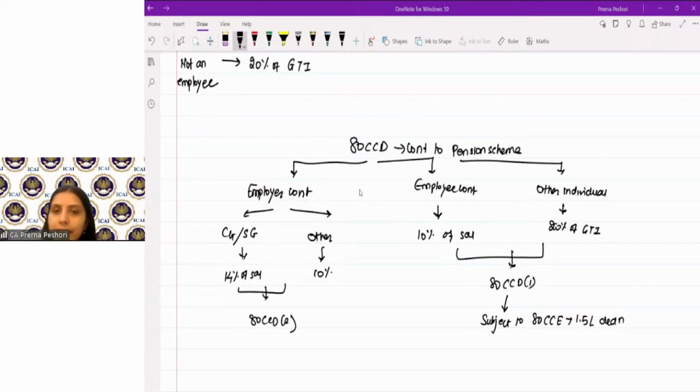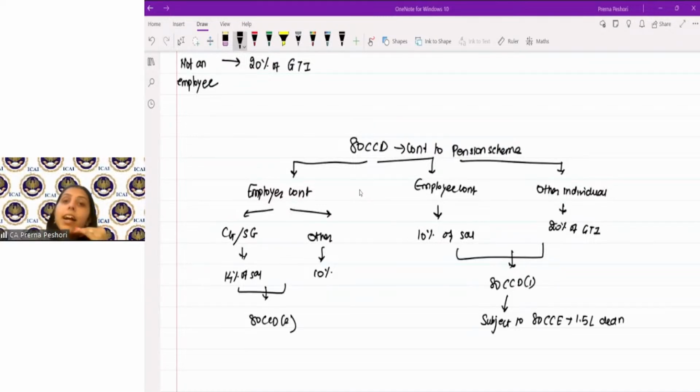Whereas under 80CCD(2), the employer contribution which is provided is not subject to the overall limit of 1.5 lakh.